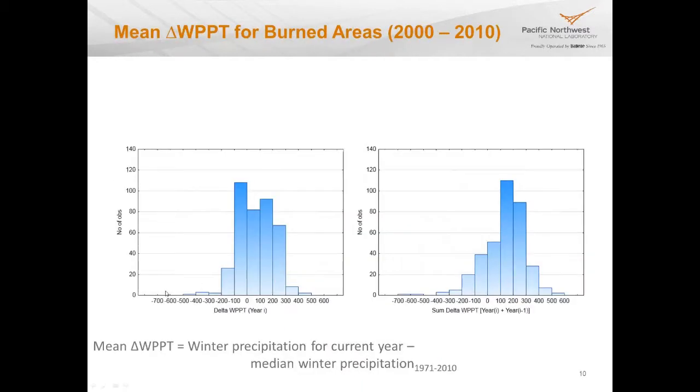And the same type of data for the winter precip responded in a much similar fashion. It's a different scale of measurement. We use the PRISM precipitation data, which is either 1 or 4 kilometer pixels, depending on what period of record you get.